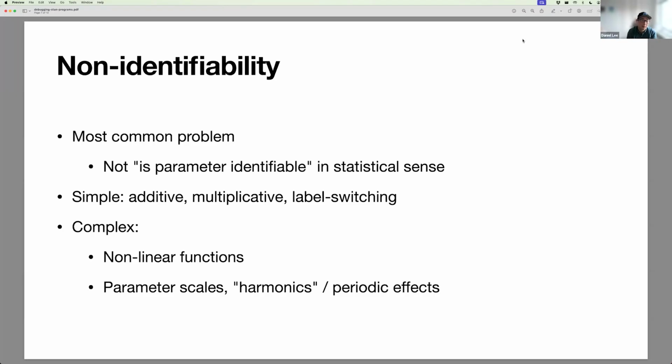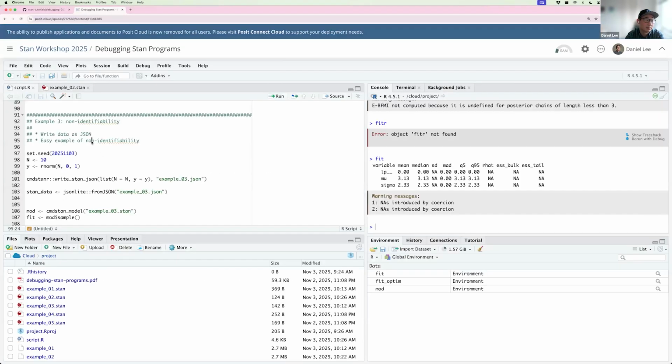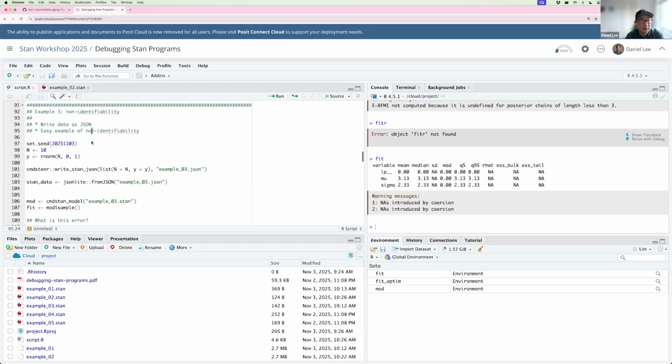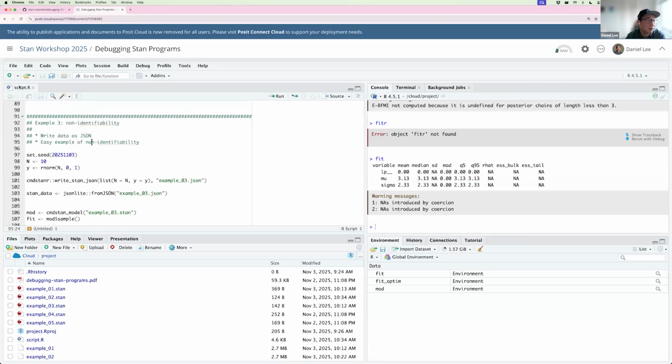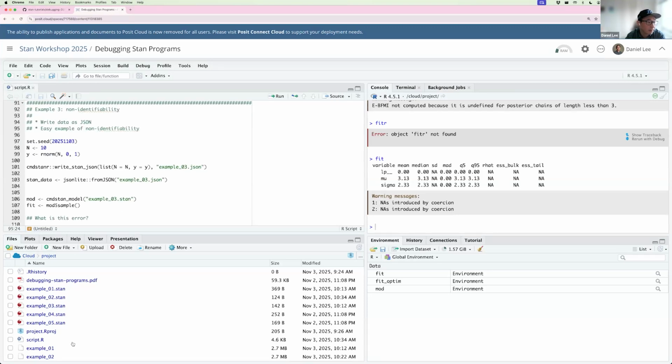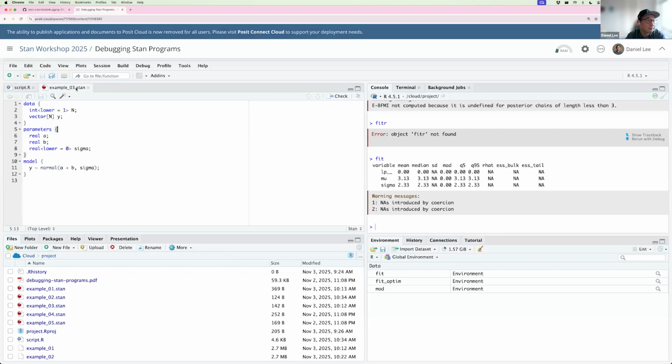I put "harmonics" in quotes because, like in music, you've got a frequency and you could have it double and quadruple and whatever, and you end up with the same inferences happening. And that also happens with Stan programs and models. So we're going to see an example of non-identifiability here. Let's pull up example 3.